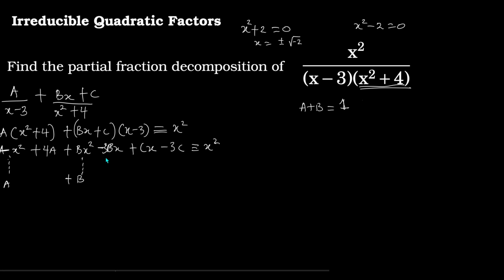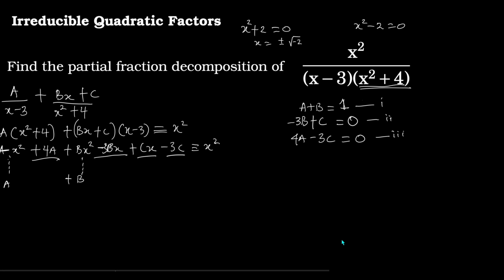Next, we can take all the x terms, negative 3B and C. So we have negative 3B plus C equals, now if you check the side, there is no x term, so we can just use 0. Also we have the constant, which is 4A and negative 3C. So we have 4A minus 3C equals 0 as well. We can call this the first equation, this the second, and this the third.